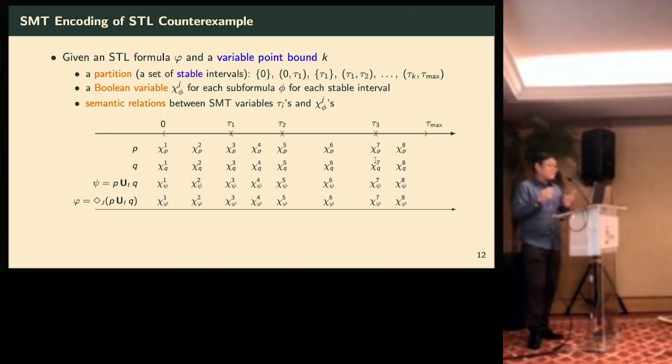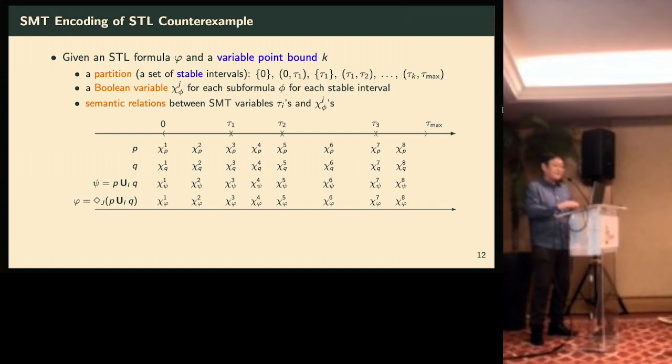Therefore, if we can define some SMT formula, or first-order logic formula, to exactly capture the relationship so that satisfiability of this formula, that is, finding some assignment to those variables, is equivalent to the STL model checking problem, then we are done, right? So the question is how can we find some encoding to make the satisfying assignment for these variables exactly equivalent to the bounded STL model checking problem.